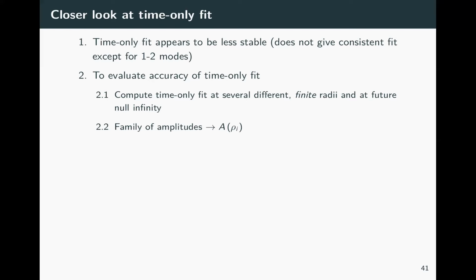So he has this family of amplitudes for different radii. This is something maybe more akin to what you might want to do with a full 3+1 code. You fit the amplitudes at different radii. If you had a mode, the amplitude should look like a constant prefactor times the radial profile for the mode.